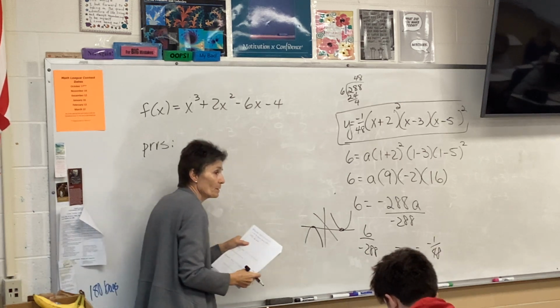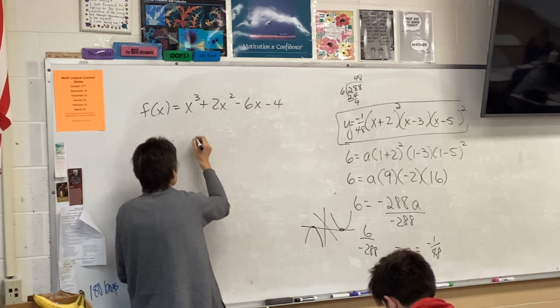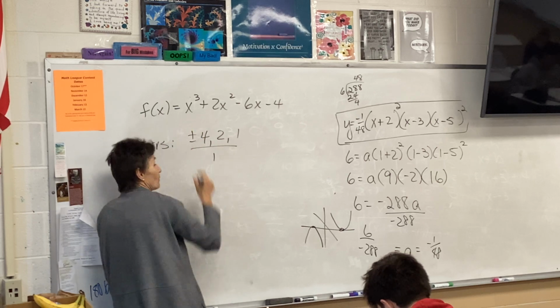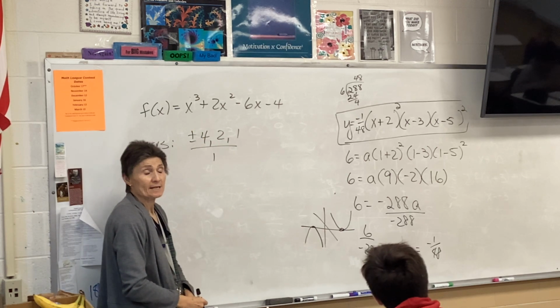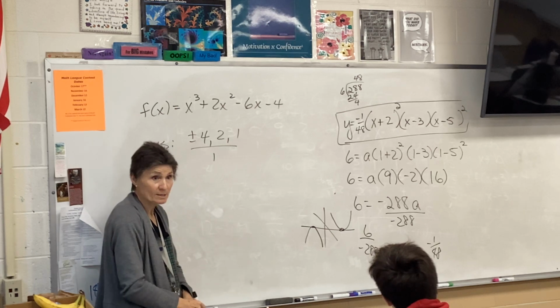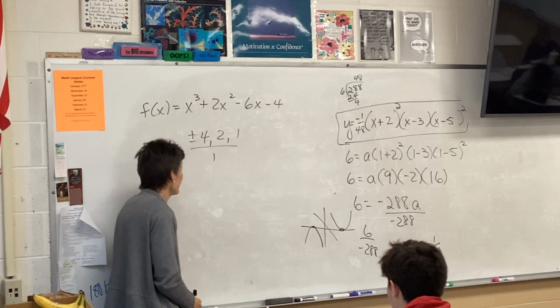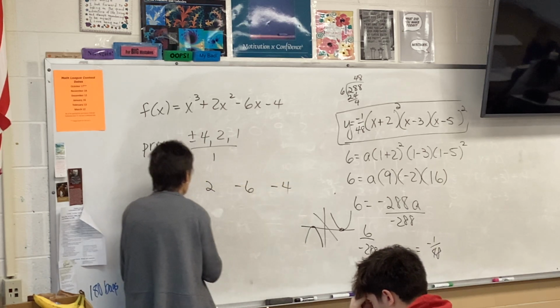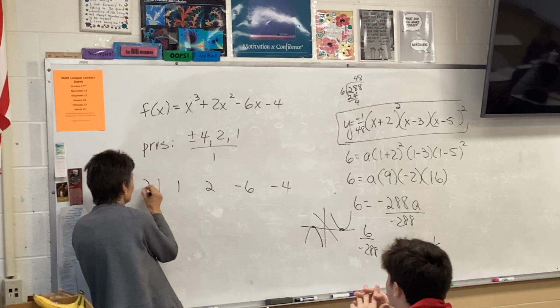What are they? You take factors of 4 over, luckily, factors of 1. And since that's a 1, you won't have any fractions because it's everything over 1. So we're just gonna guess now. What do you think might be a good guess? 2?